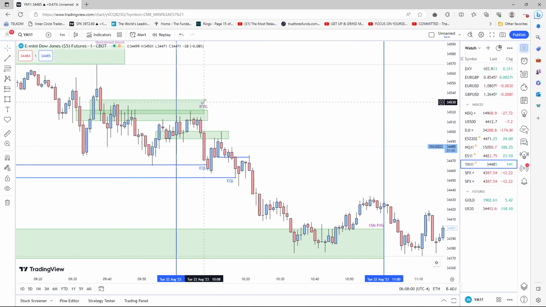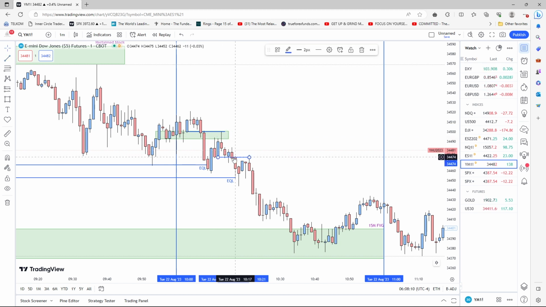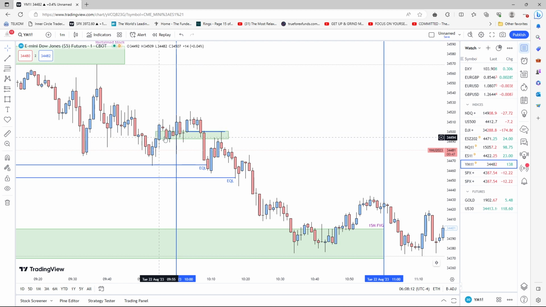Now the second idea would be this gap, this inversion. Okay, this inversion fair value gap, price would come up into that, tap the order block, stops like a brick wall, entries right there.